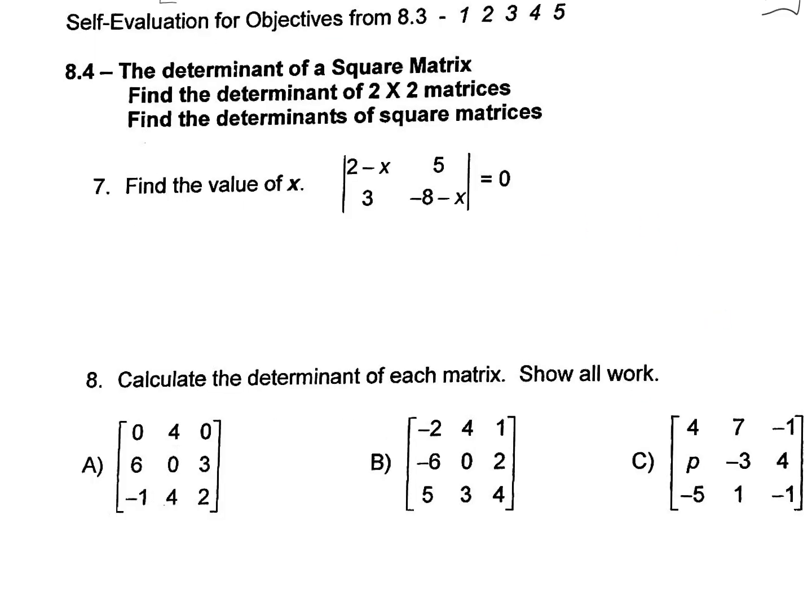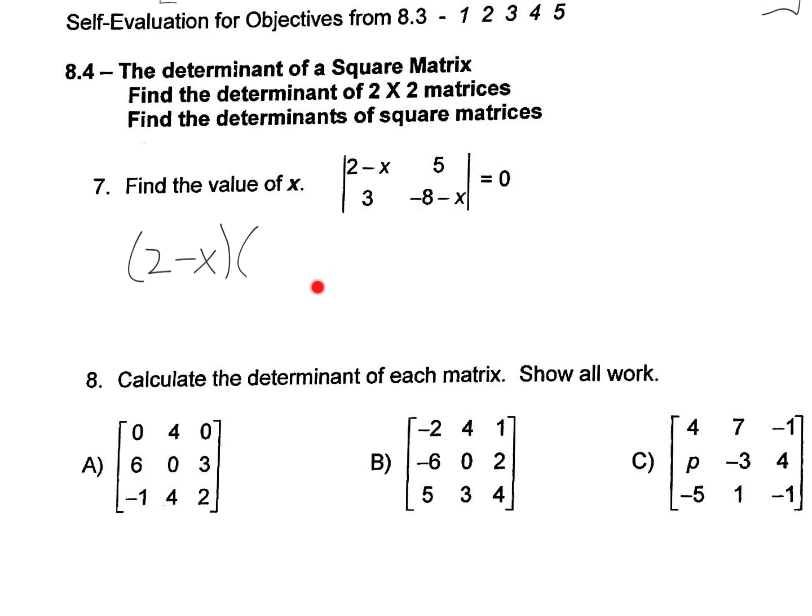The determinant of a square matrix is AD minus BC, and it's set equal to 0, so we simply go through the motions and solve it. So this times this would be 2 minus x times, now I'm going to get a little creative here, not overly creative, but I'm going to factor out this negative 1.